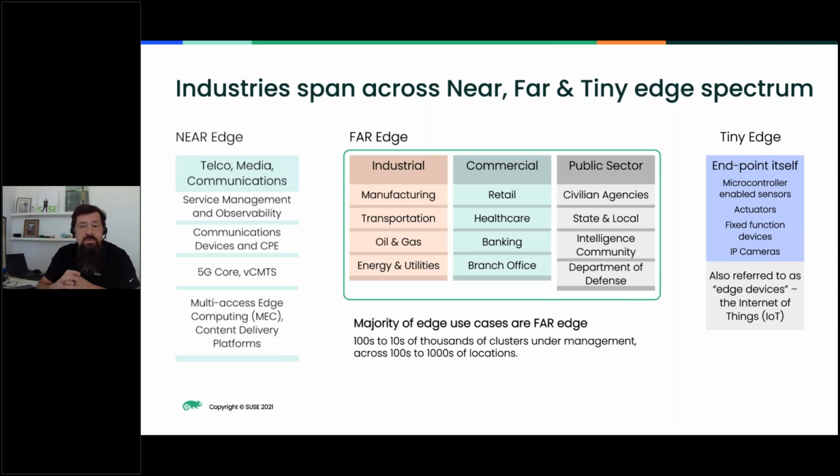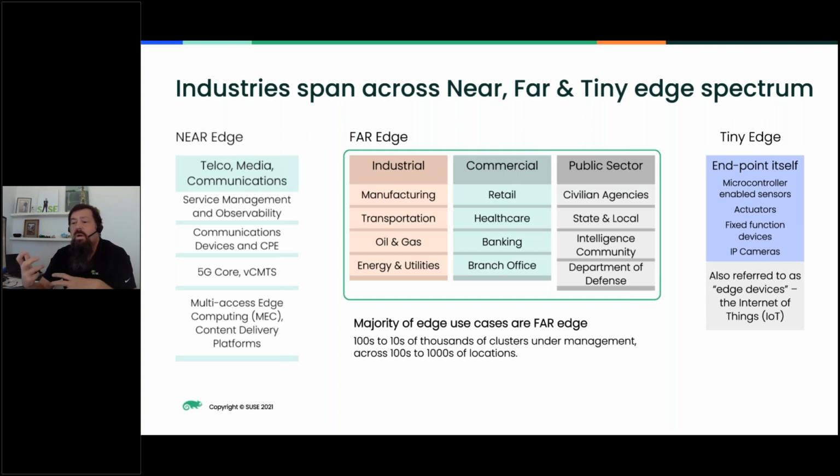because again, higher speed networking, somewhat of a facility to put those devices. Then we step into the far edge, and the far edge is where it gets a little less secure, because we are stepping into some of the industrial pieces. You're looking at oil and gas and some of the energy pieces.